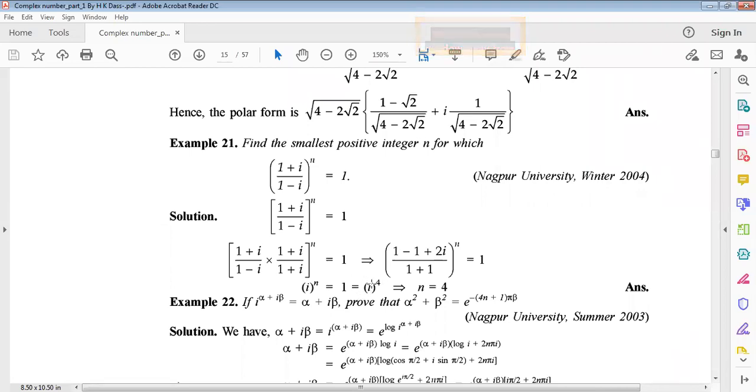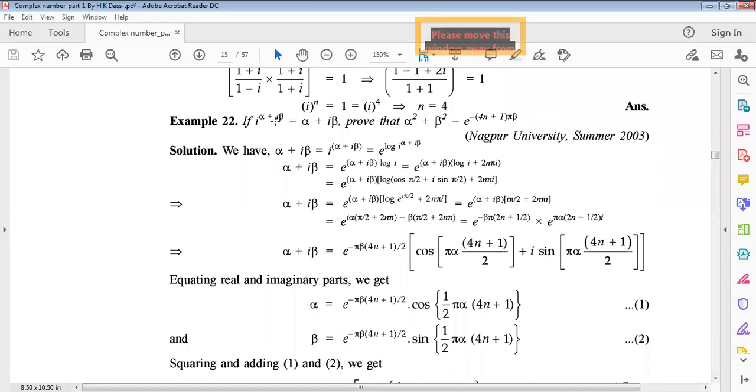Therefore the smallest positive integer is n equals 4. We have proved it. Understand everybody?